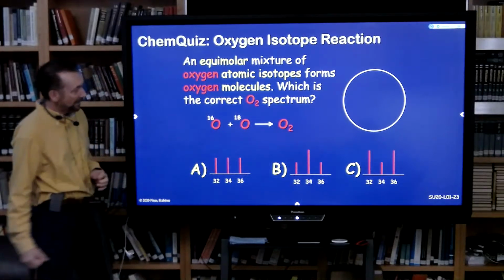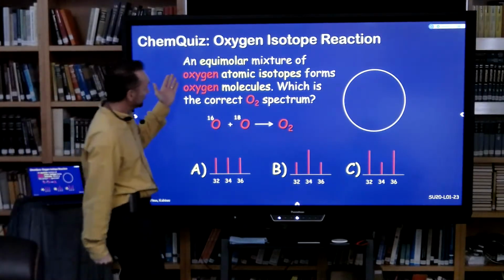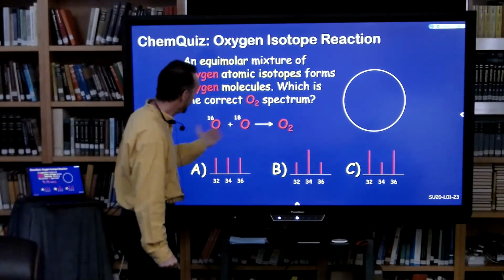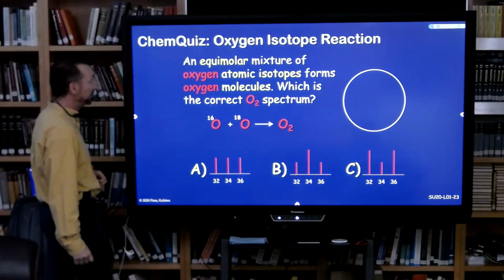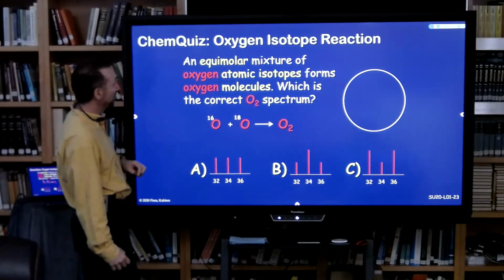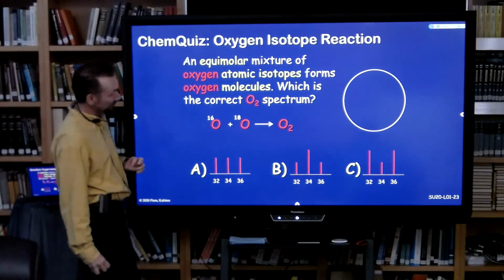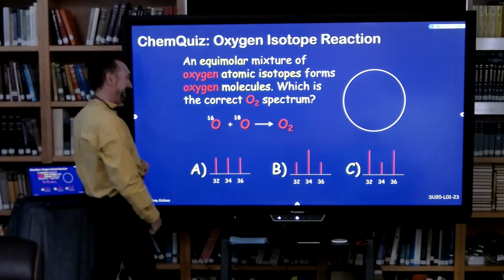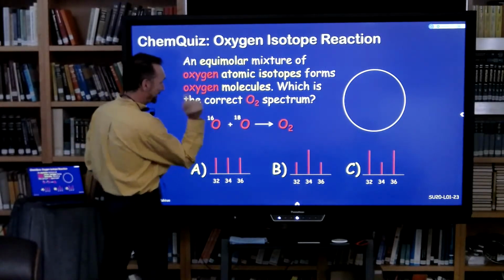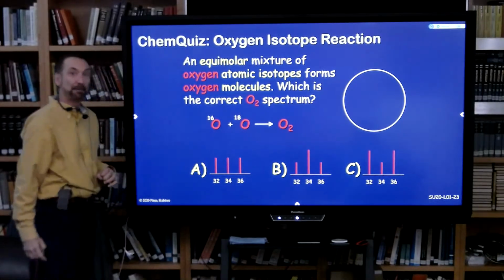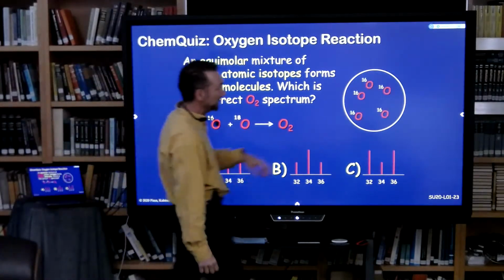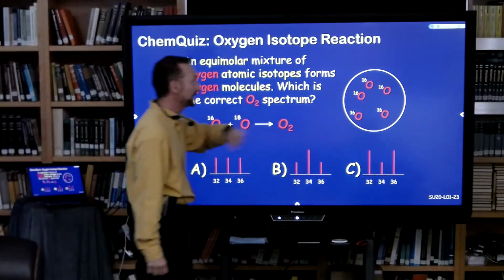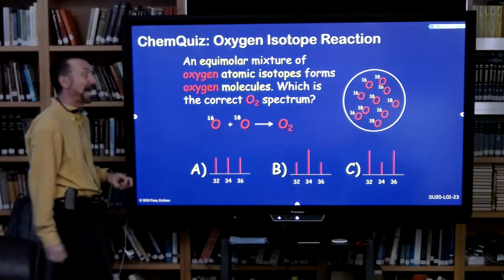So let's look at a mass spectrum. Here we're going to take an equimolar mixture of, now I used the term equimolar here by mistake. I'm doing this in a slightly different order. Same number of particles, equal number of oxygen 16 and oxygen 18 particles. And I'm going to put them in a flask, oxygen 16 particles and oxygen 18 particles as atoms.